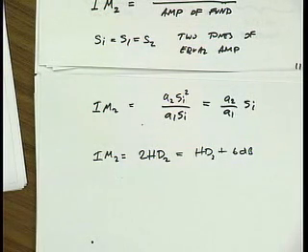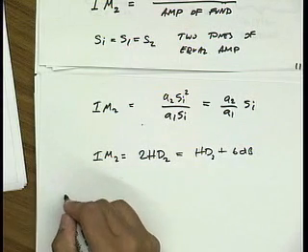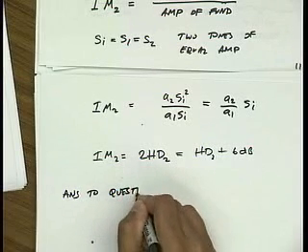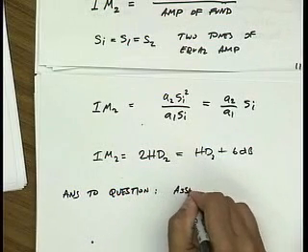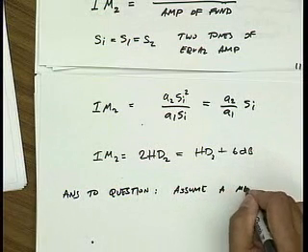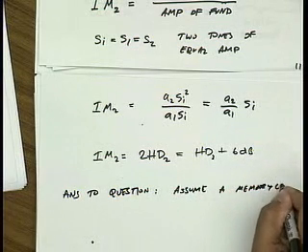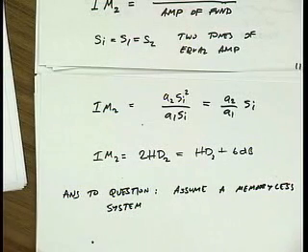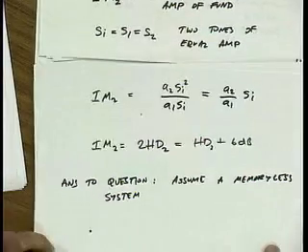So can we assume that the amplifier behaves about the same for both frequencies? That's a very good question. Remember, this is a memoryless system. So the key assumption is we assume a memoryless system. Now, by definition, a memoryless system means that there is no frequency response. It's flat.